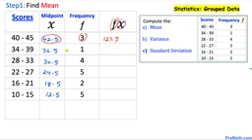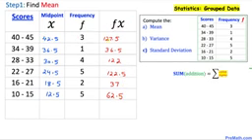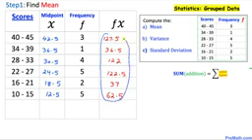And 1 times 36.5 gives us 36.5. The next one is 122.5. This is going to be 37, and here it is going to be 62.5. And now we are going to add up all these values in this fourth column.